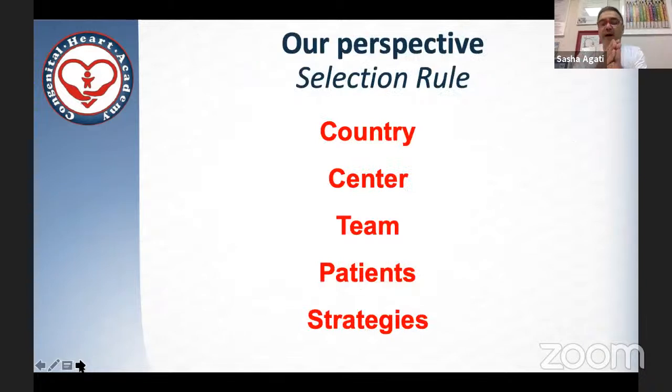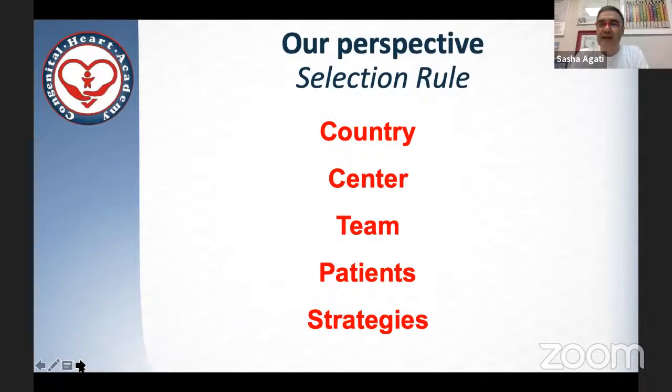So I have my idea about this way to support, and I call this the selection rule, because I learned from experience that sometimes you choose the wrong country, or the wrong center even with a good team, you choose the wrong patient to treat, and of course the wrong strategies to apply to this country.